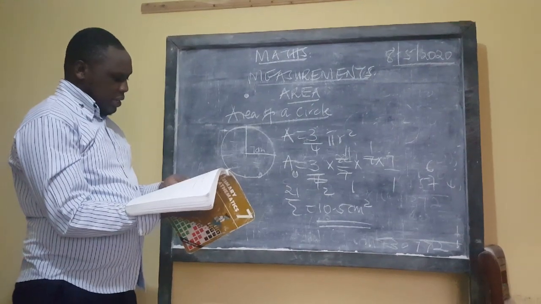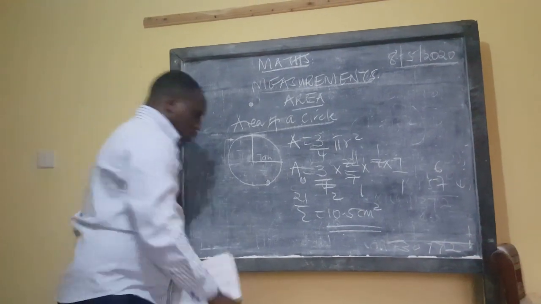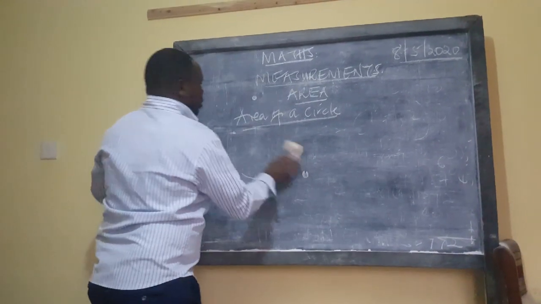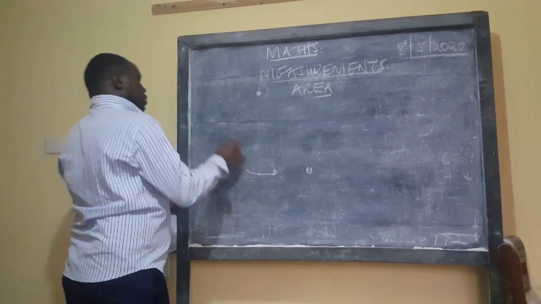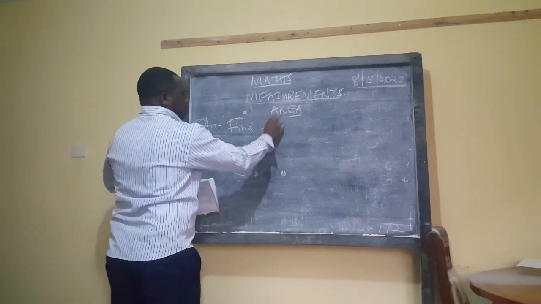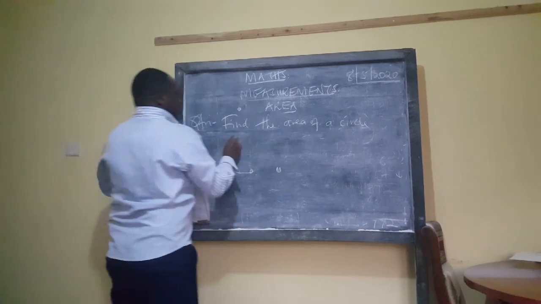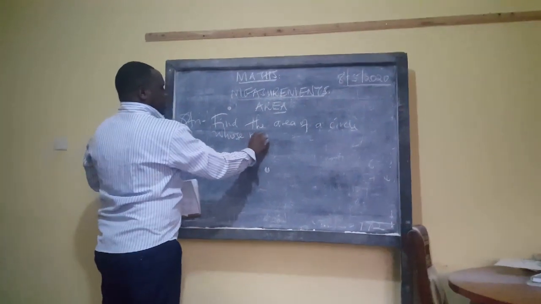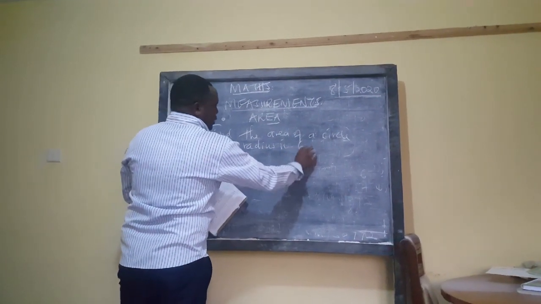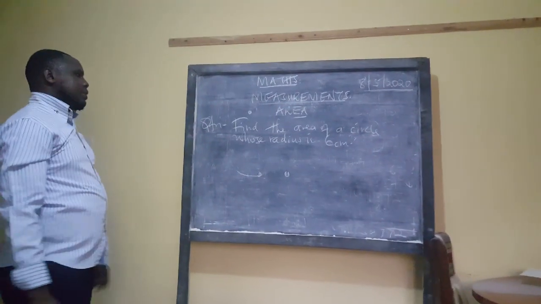Can calculate a question like, find the area of a circle whose radius is 6 centimeters. Find the area of a circle whose radius is 6 centimeters.